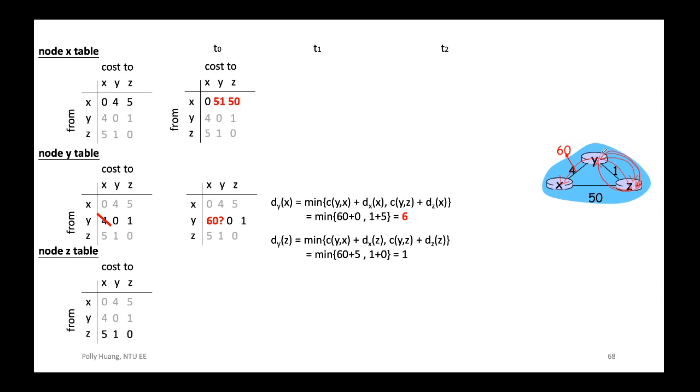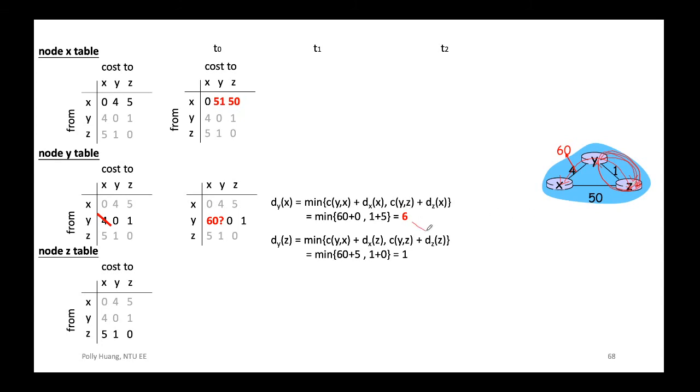So that packet is going to loop around between y and z for a while. Interesting, isn't it? This is actually a very interesting characteristic of distance vector. Before the route actually converges, the packets could potentially be in a routing loop.